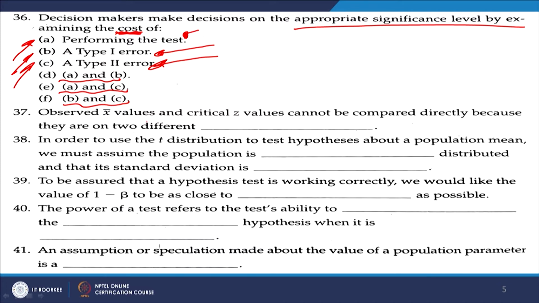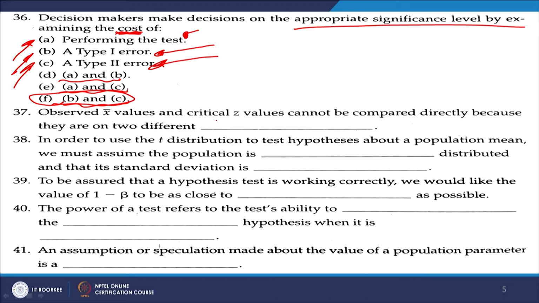So, they should minimize these errors. Okay. So, the answer to this question would be B and C. Is there any such option? Yes, B and C is the option. So, F is the right answer to this question. Let us look at the next question.